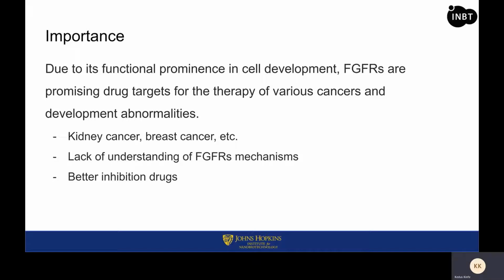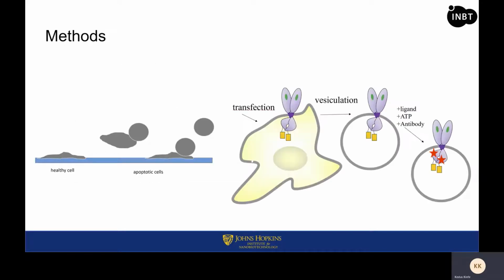However, new drugs that rely on inhibition of these receptors currently do not live up to their expectations, generally due to a lack of understanding, quantification of the mechanisms of how these RTKs, like FGFR1, function. However, actually studying the interaction between RTKs is pretty difficult due to the heterogeneity of cell membranes under normal conditions.